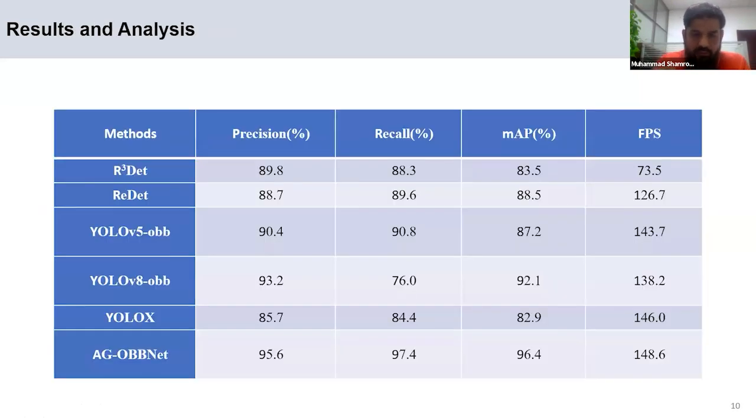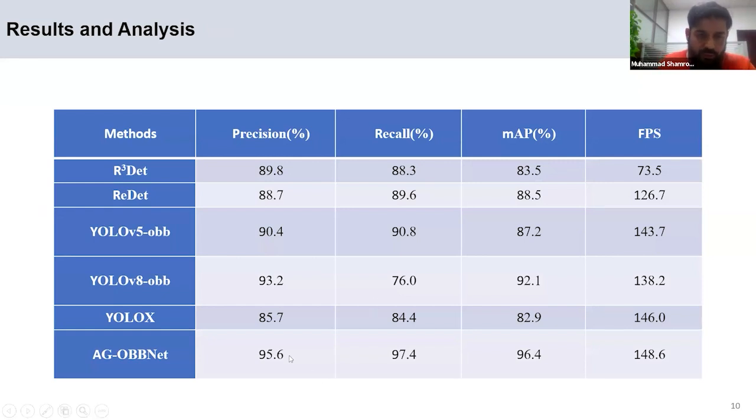Here we make some comparison with the traditional algorithms. In contrast, deep learning based object detection models exhibit superior processing speed and high precision.